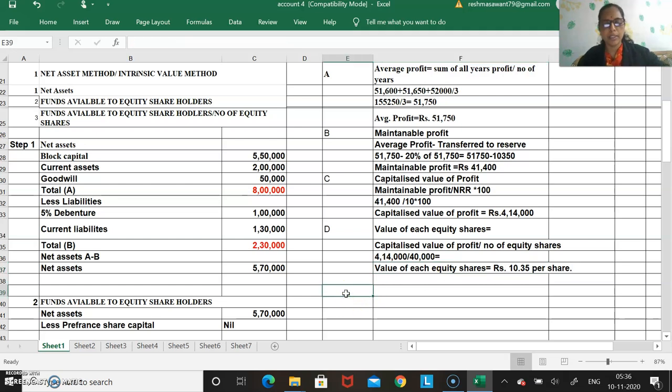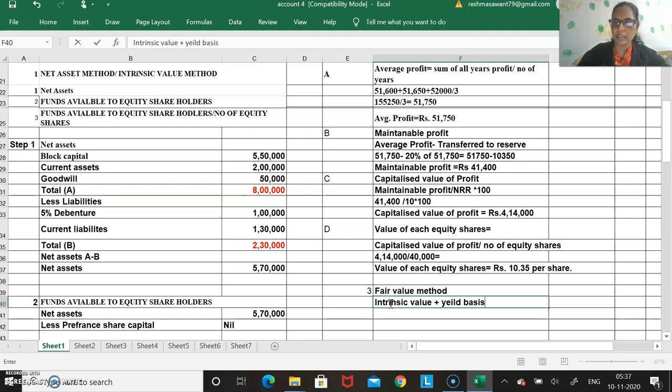Now we discuss method number 3, fair value method. In fair value method, intrinsic value, that is your first method, plus yield basis, divided by 2.